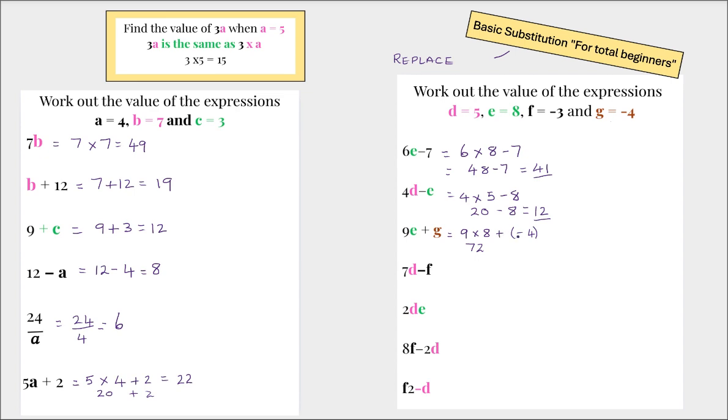Now we know our plus and minus rules, don't we? A plus and a minus is a negative. Remember, a plus and a minus equals a negative, the minus. So it's -4. So our answer is 68.